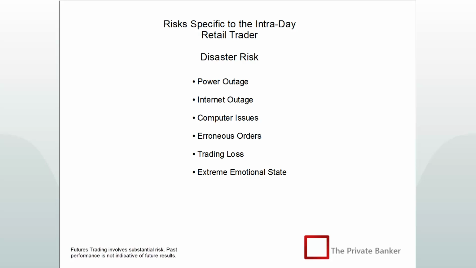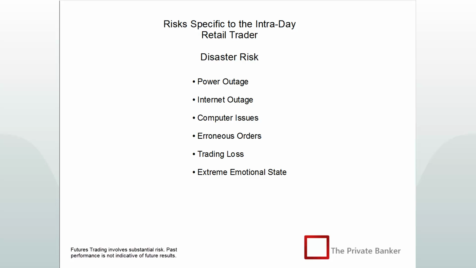I use Interactive Brokers, and they have a phone app that has a DOM on it. If that were ever to happen, it hasn't happened to me yet, at least I know I can close my position out on my phone. You can also call your broker, which is easy as well. But I just found that to be a pretty handy tool to have in place.